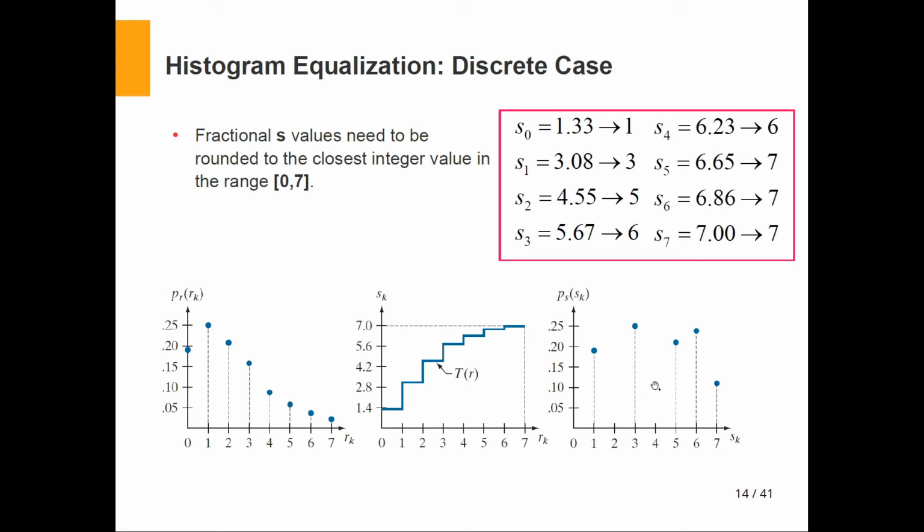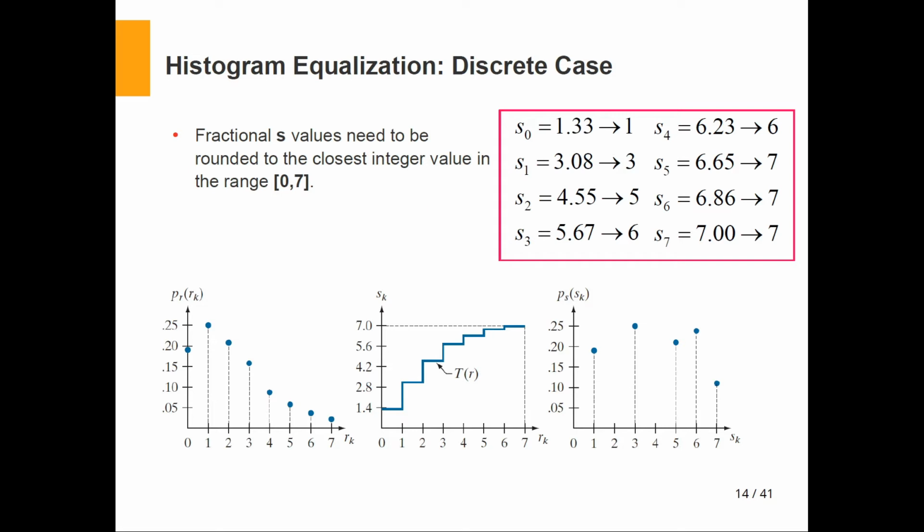So you might say, okay, this is not as uniform as we expected, because in the continuous case we were able to create a perfectly uniform histogram for the output image. But you need to realize that when we are working with continuous functions, there are infinite possible values that we can have for the function values.